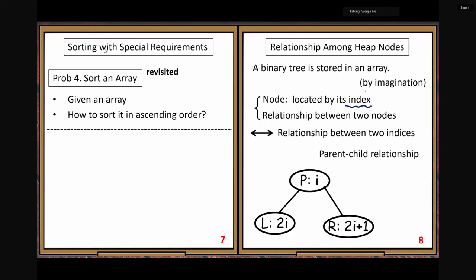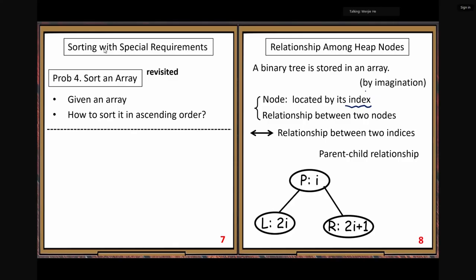The left child, we use 2I index. How about that? Double the index of the parent index. Then right child, we use 2I plus 1 index. That's a simple way to define parent-child relationship.